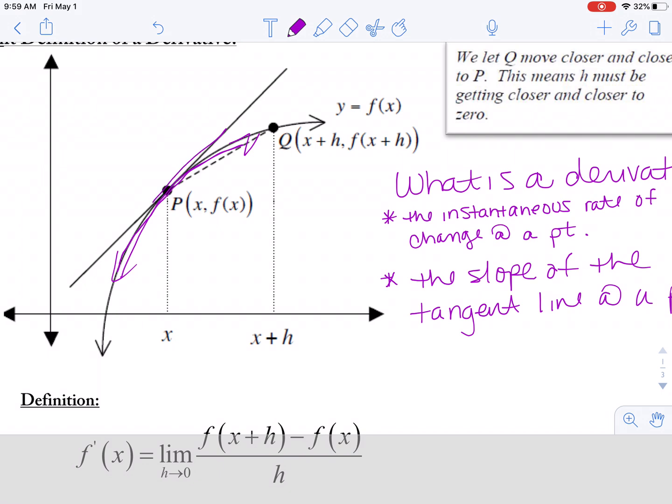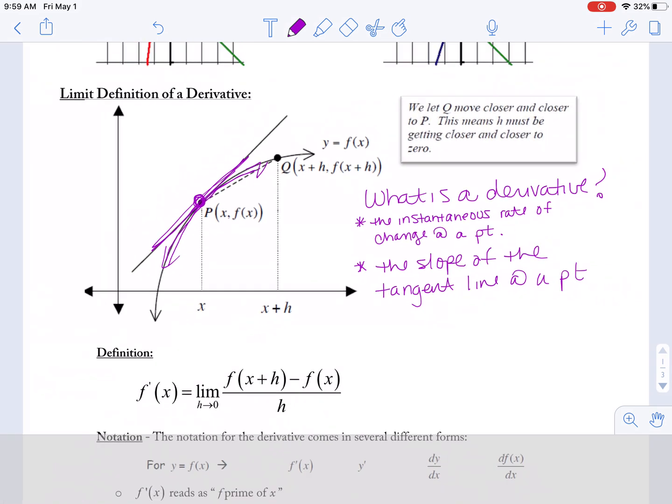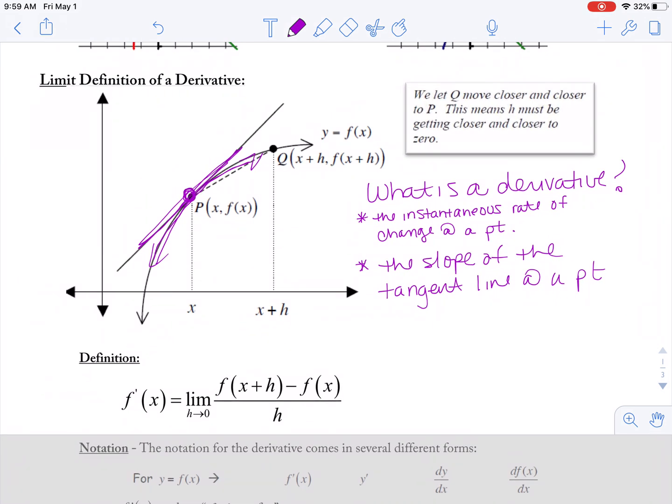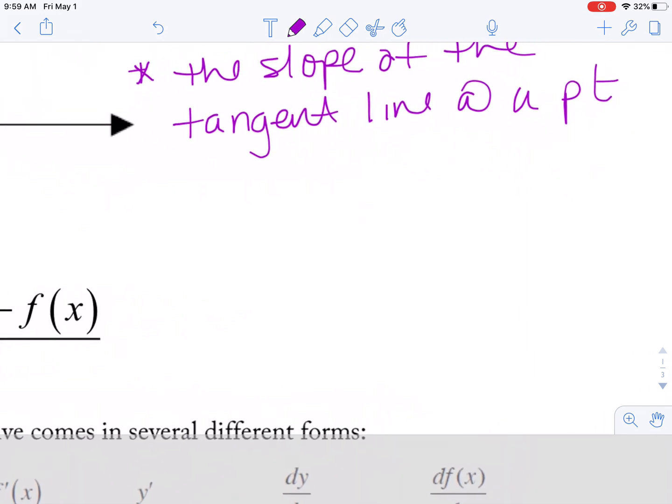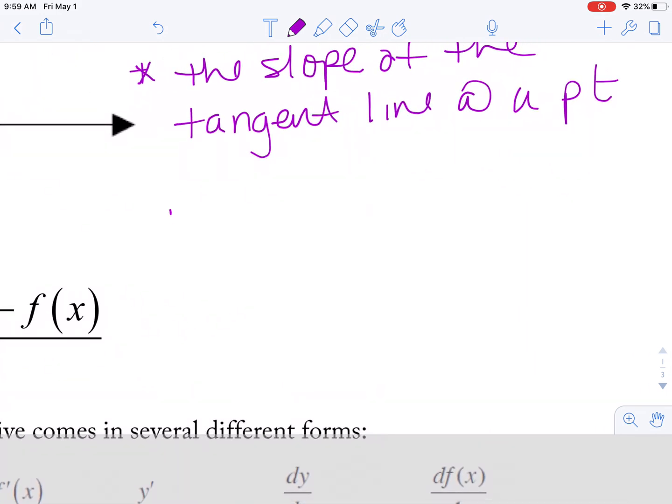So here's my tangent line. I would go ahead and I would find the slope at that specific point. And what this will help us out with, this will help us find the velocity at a point.